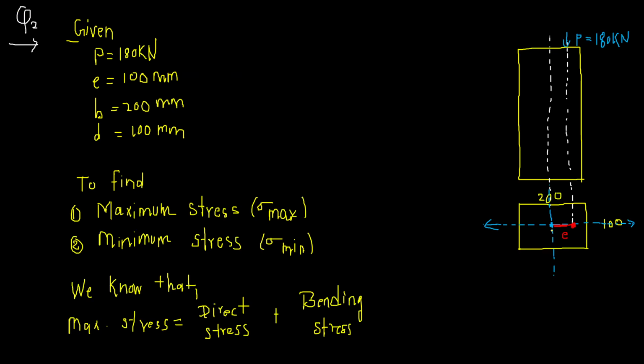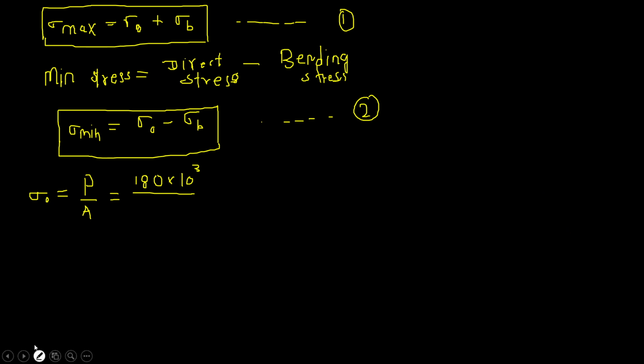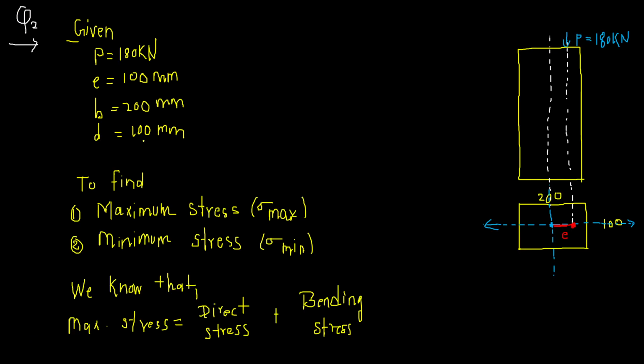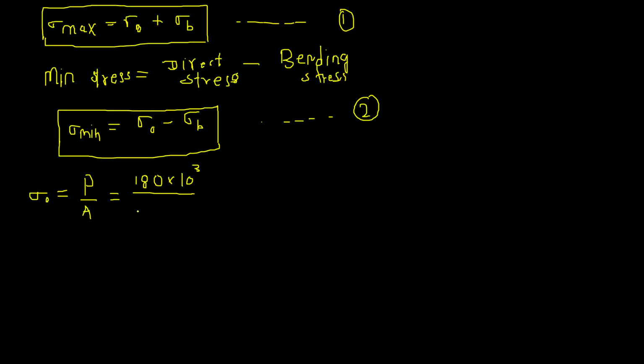Now this area is the area of the cross section. Whatever this area is, area of rectangle, that we have to write there. So area of rectangle is b into d. What is b? 200 and d is 100, so 200 into 100.